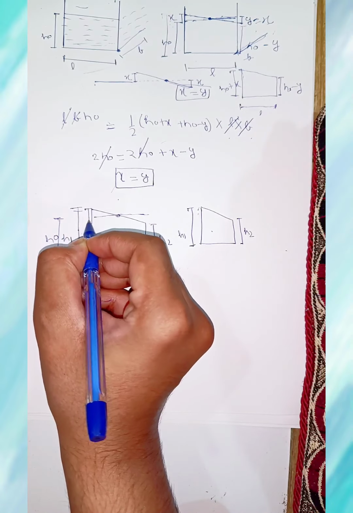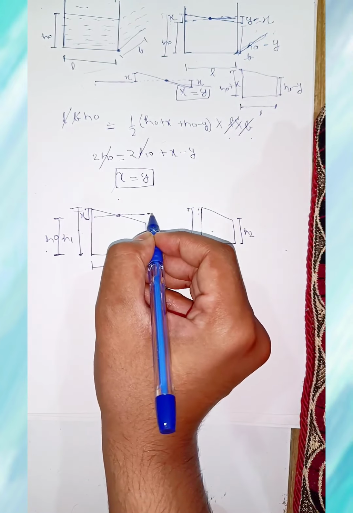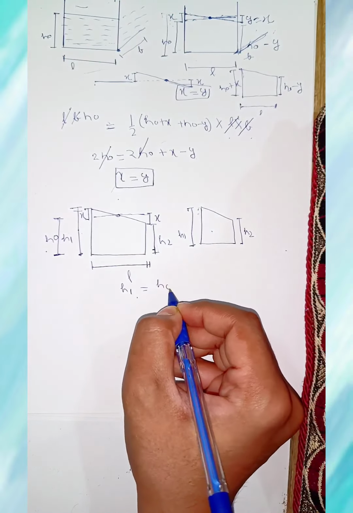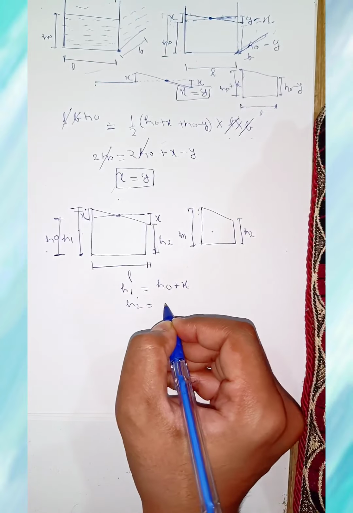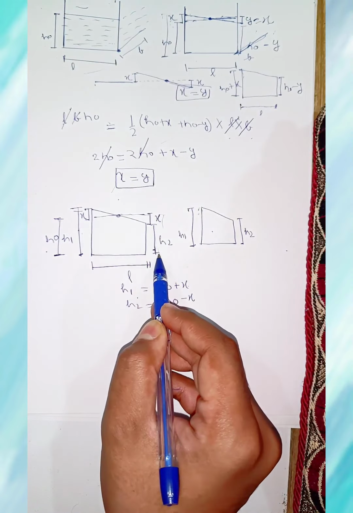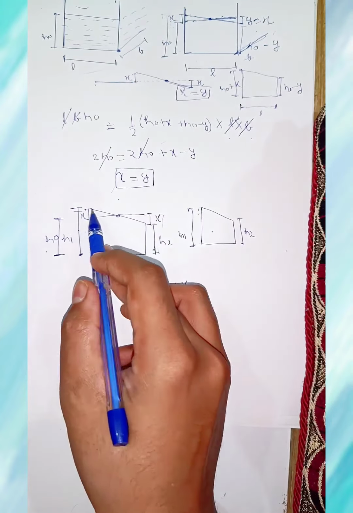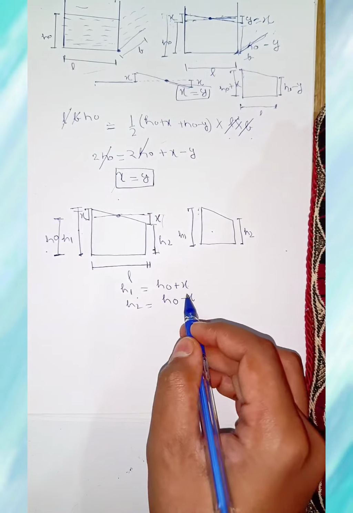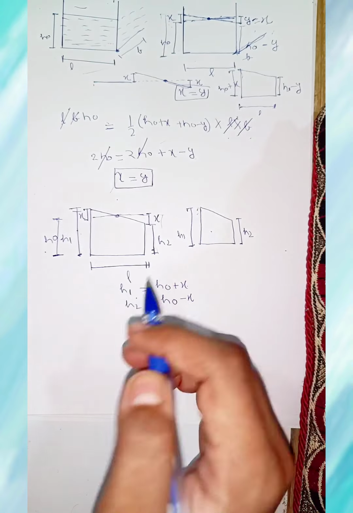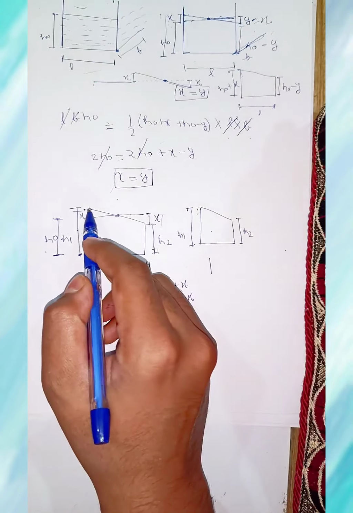We know the water surface goes up by a height of x, and it also depresses by a height of x only. So clearly h1 will be h0 plus x and h2 will be h0 minus x. How? For h2, this is h0, the earlier length of water, minus this x, which we have proved here will be the same in this situation. Now we have to find this x, eliminate this x also, and express it in terms of L only. How to do that? We will again be using the second concept. Consider this small triangle.